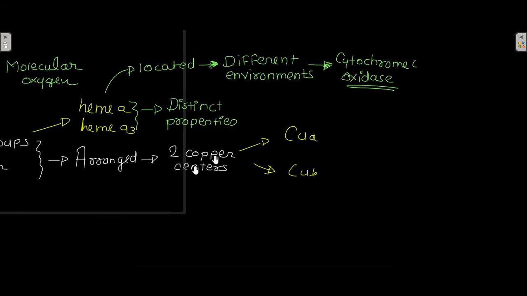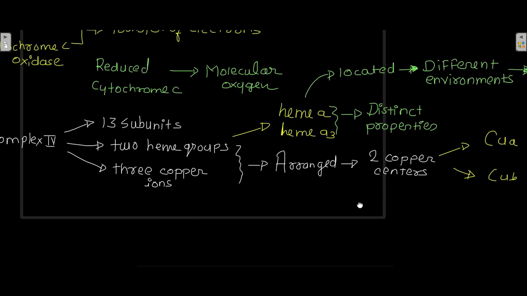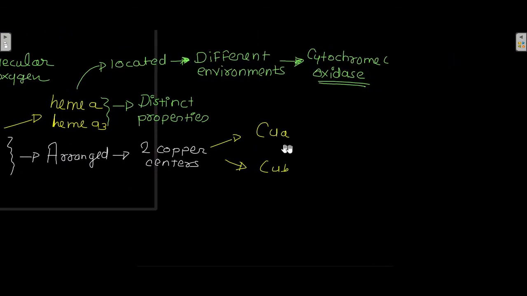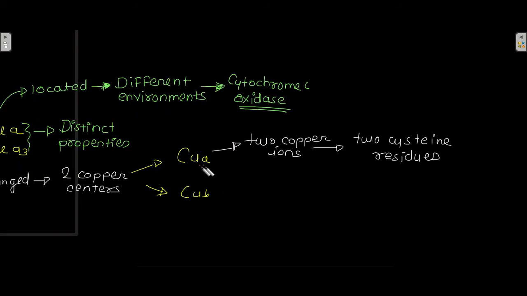Now the two copper centers of this complex 4 are designated as CuA and CuB. CuA has two copper ions, and these two copper ions of CuA are connected by two cysteine residues.